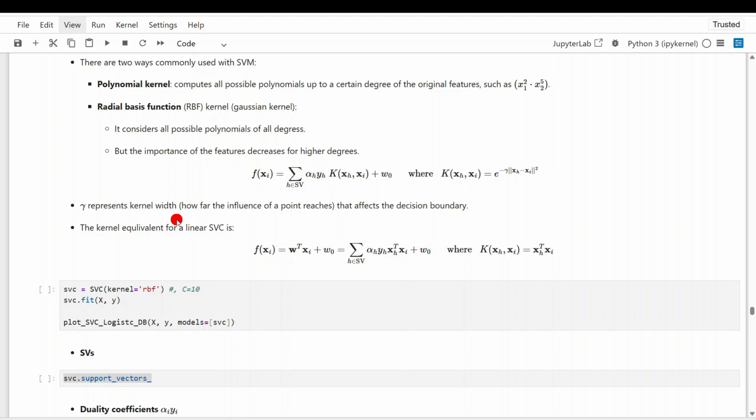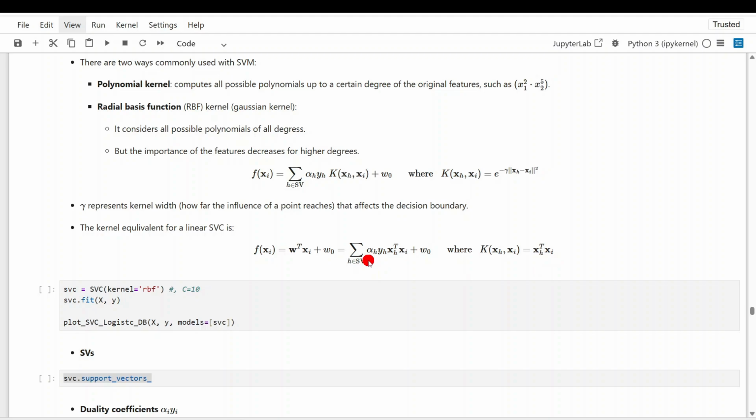So if we recall that of the linear support vector classifier, in that case we have w transpose x plus w naught. This can be written as the sum of alpha_h y_h x_h transpose x_i plus w naught. So here k(x_h, x_i) is nothing but just x_h transpose x_i.